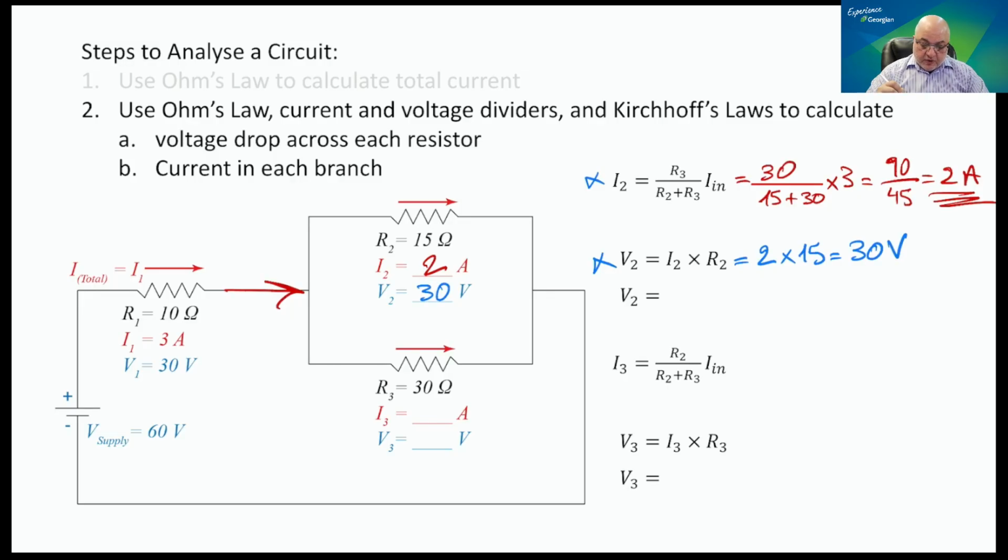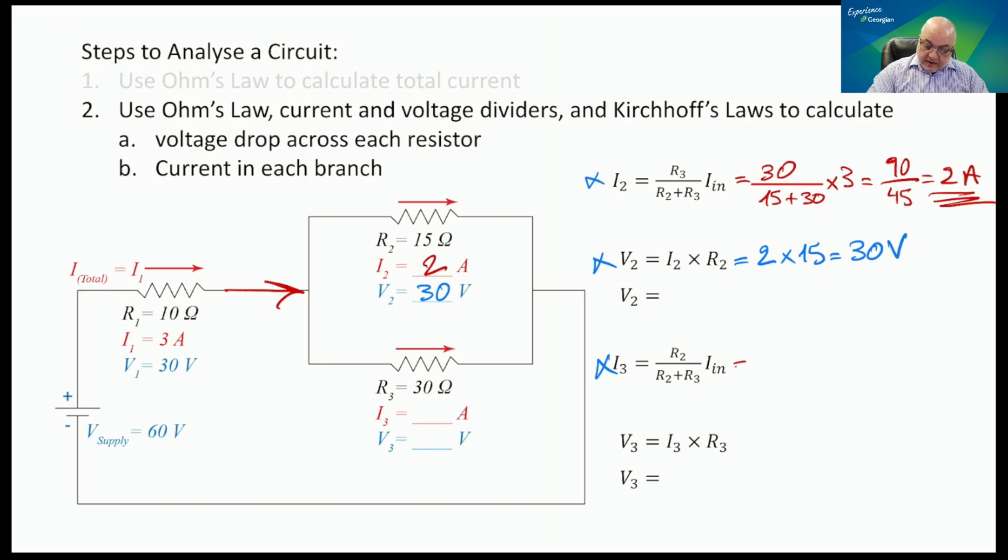Now you could go and use the current divider to calculate I3. However, at a quick glance, if 3 amps are coming in here and 2 of them are going here, only 1 is left to go through R3. So you could say I3 is 1 amp, but for practice purposes, I'm going to do the calculation anyway.